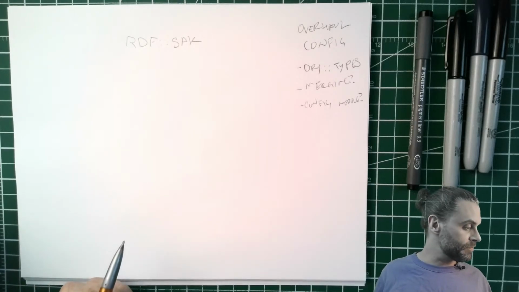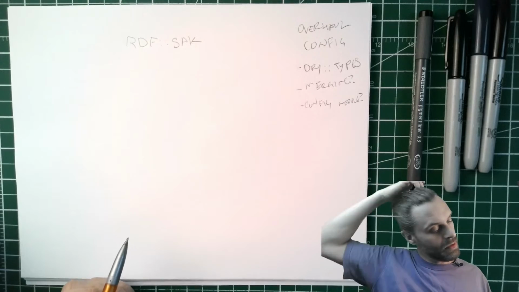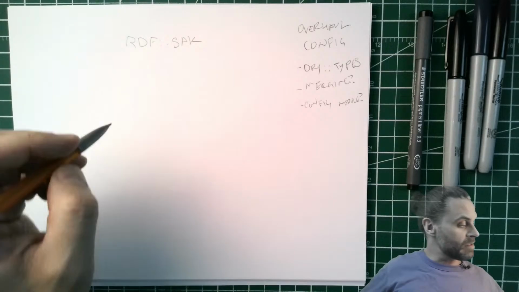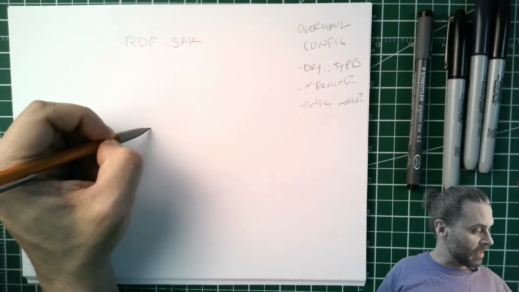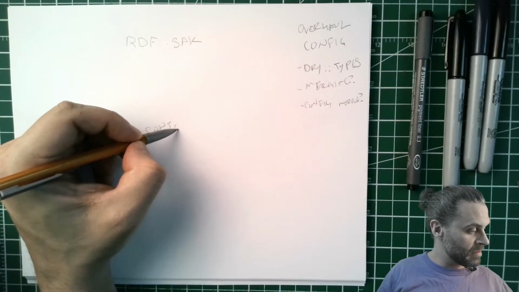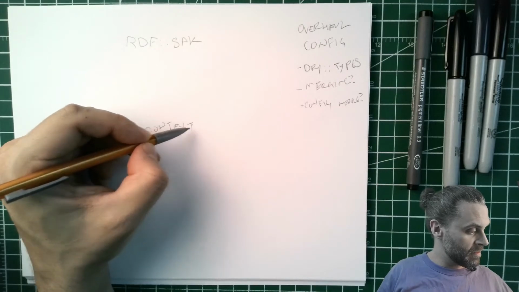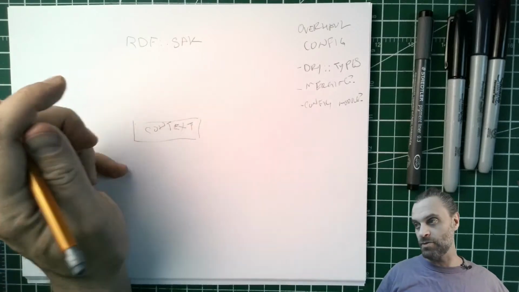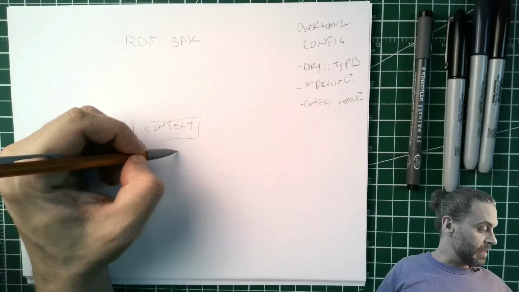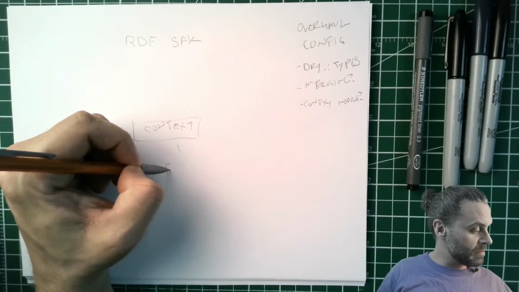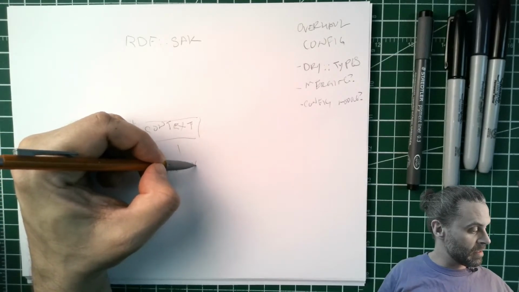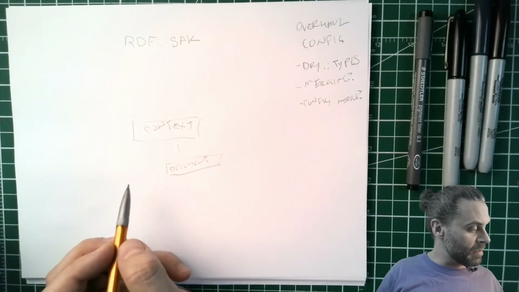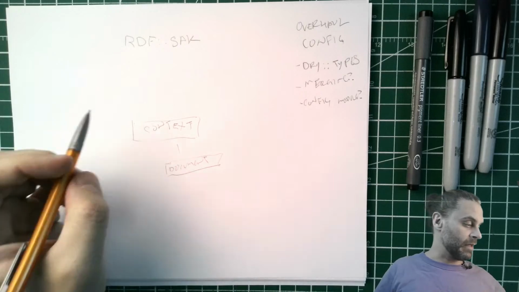So right now it's got a context class. And that's kind of like the central class. And then it's got a document class. And previously, and then it's got util.